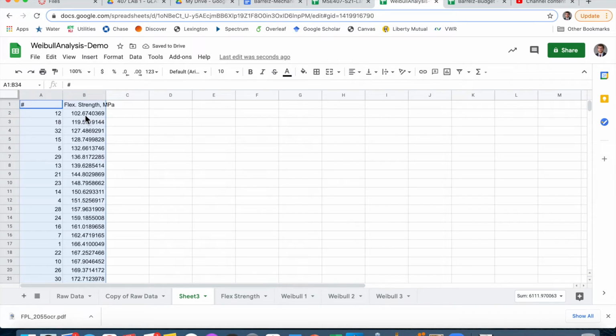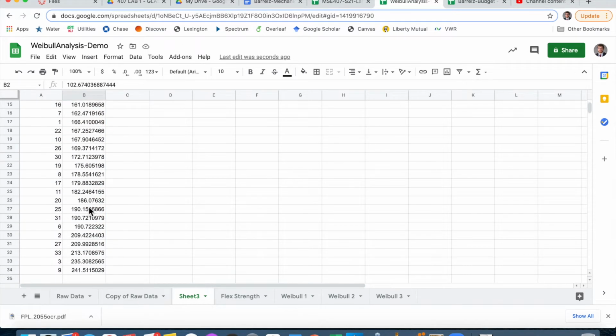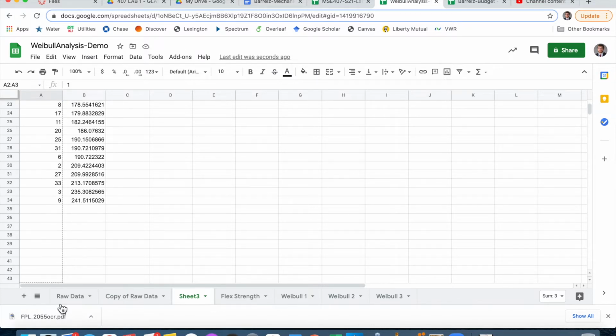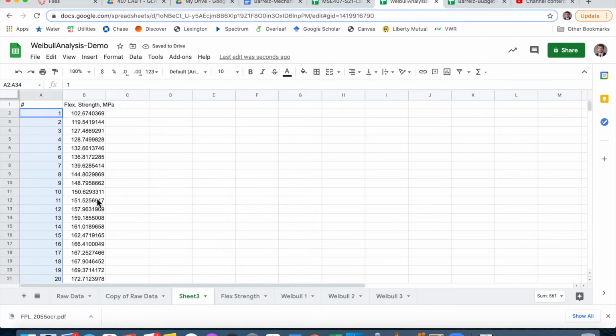So you see now I have the lowest here, all the way up to the highest down here. The numbering's mixed up now, so we don't care about that numbering system. So basically I'm going to reorder this, because that's what the directions called for, to number it from 1 to whatever the highest number is, with increasing strength.